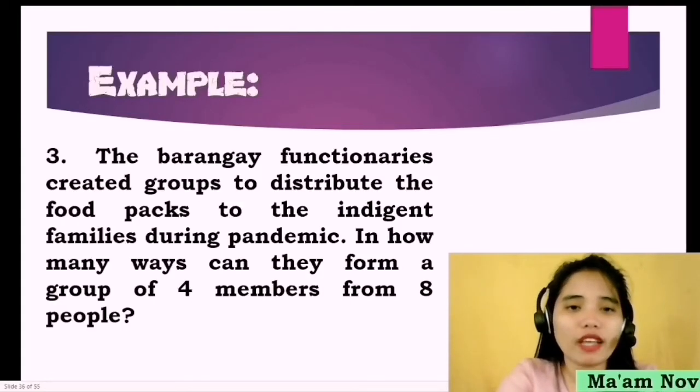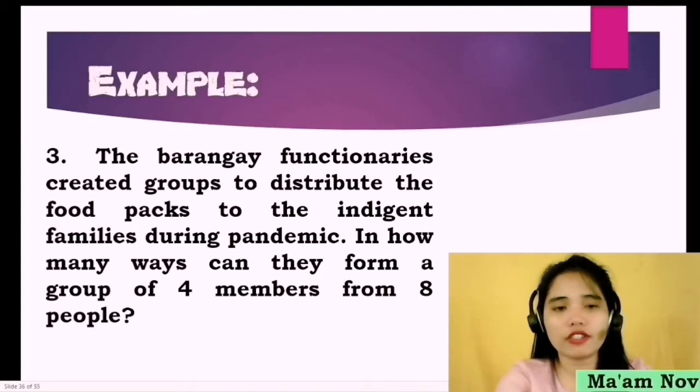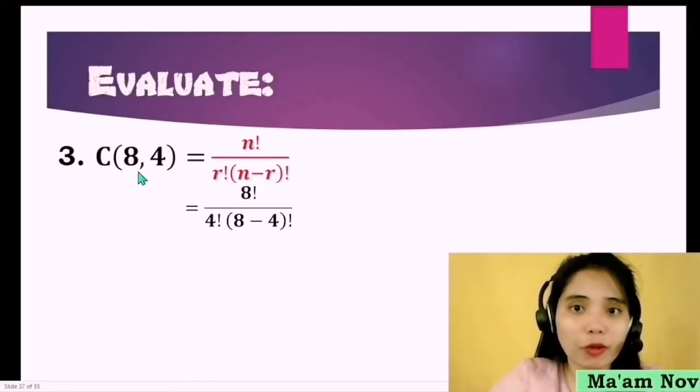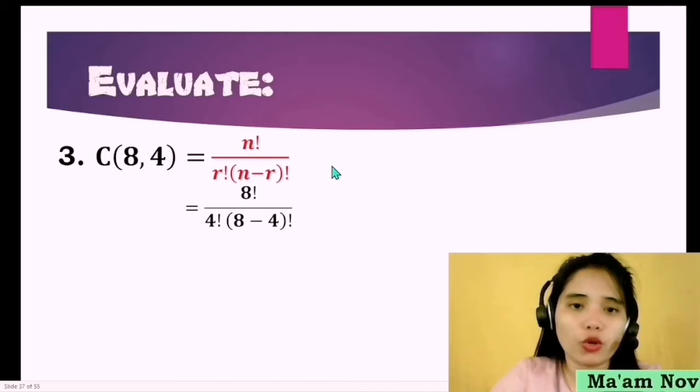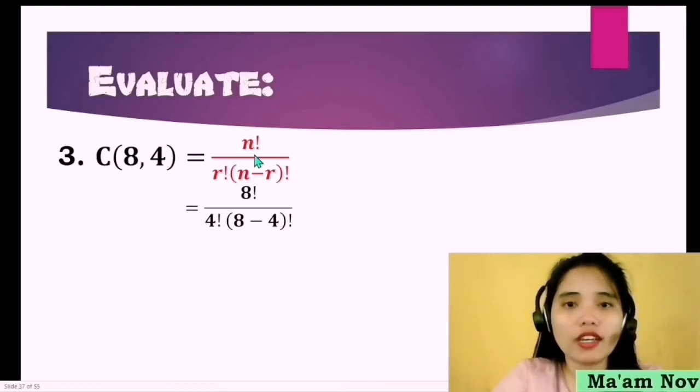Okay. Example, the barangay functionaries created groups to distribute the food packs to the indigent families during pandemic. In how many ways can they form a group of 4 members from 8 people? Okay, so we have 8 people and we will form 4 members. Okay, so we have the formula n factorial over r factorial times the quantity of n minus r factorial.